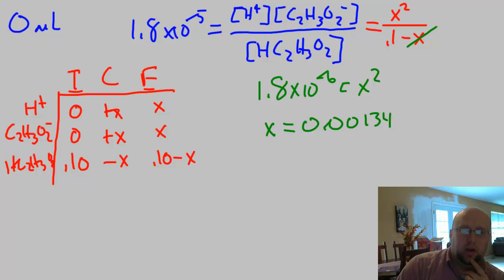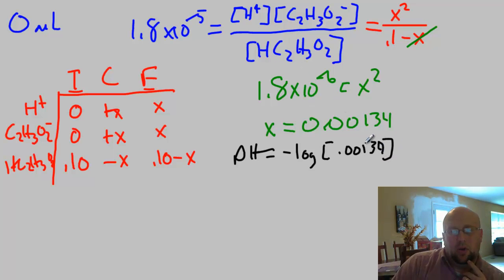And then, of course, we're going to plug that into our pH equation, right? So pH is the negative log of 0.00134. That's a 4, not a 9.